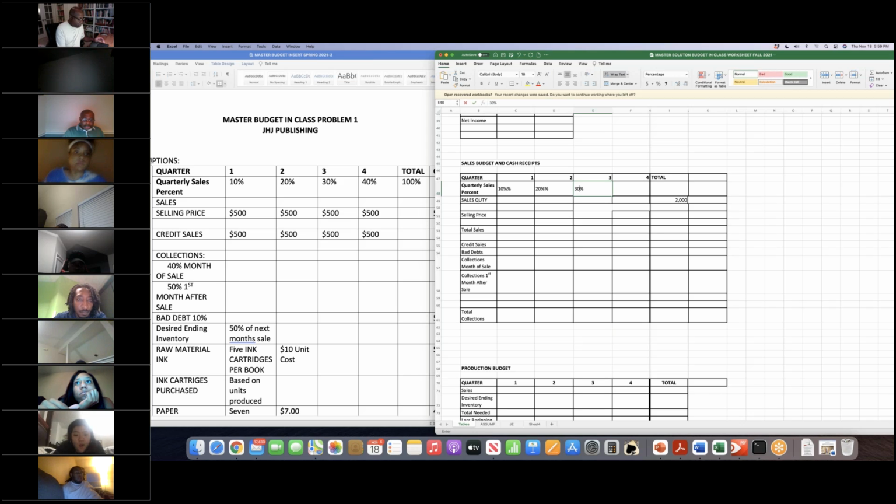Then it said 30% happened in the third quarter, and then it said 40% happened in the fourth quarter. So it's your job now to fill out these rows here. Can you fill them out?